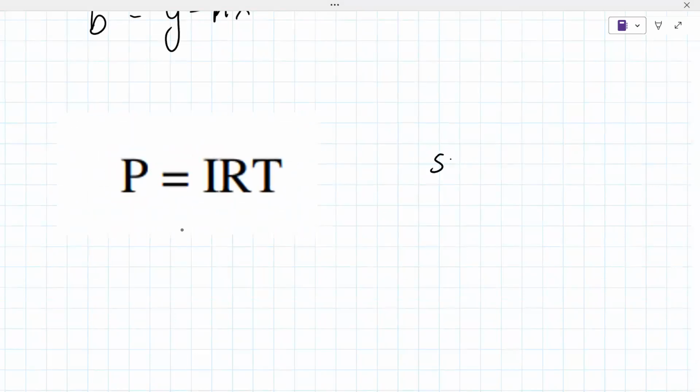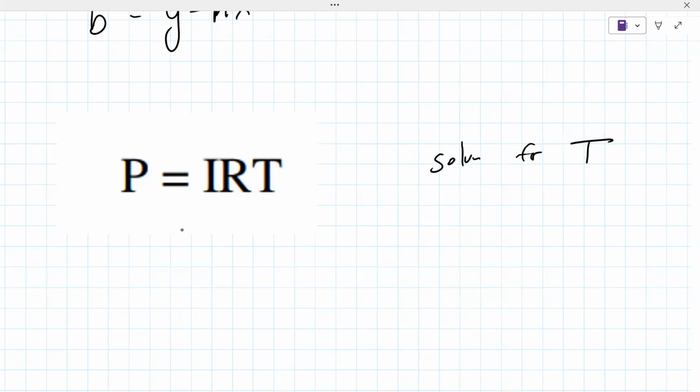All right, I want you to solve for T, big T. Is it T equals P times IR?